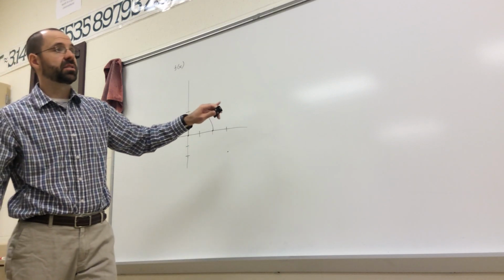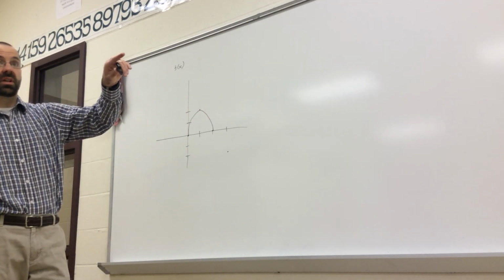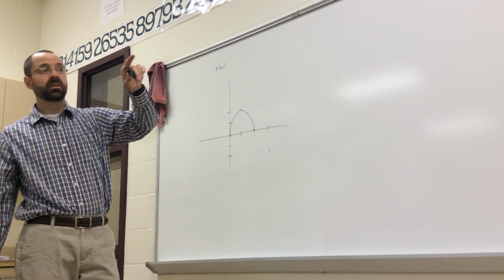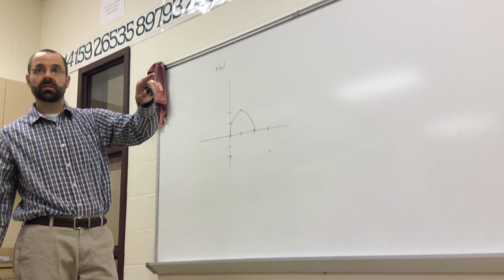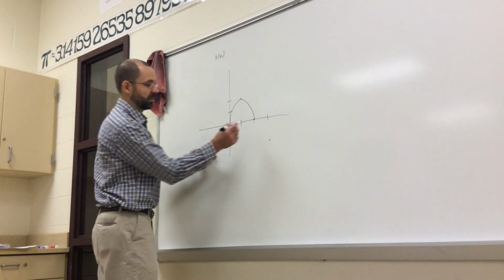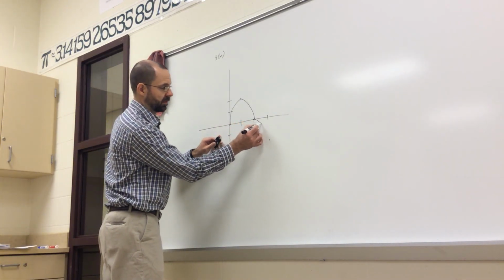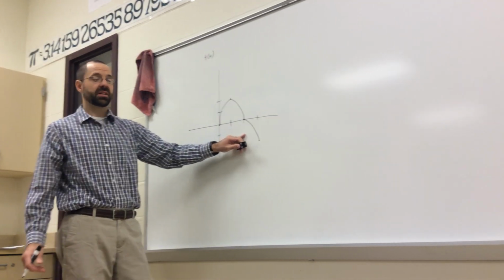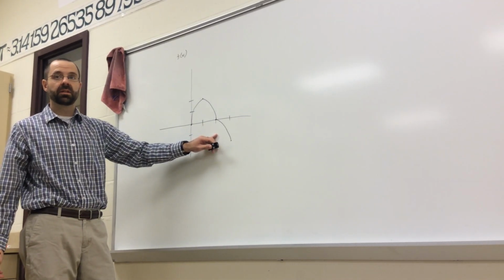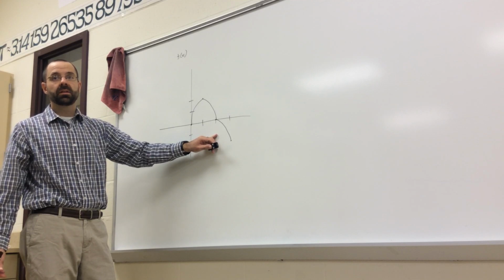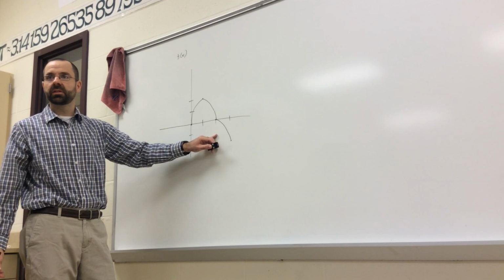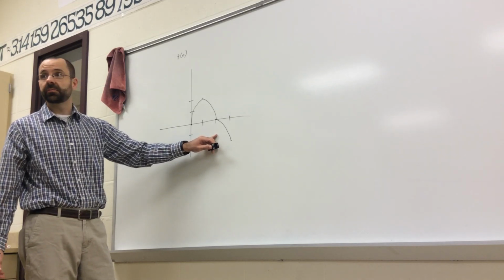Okay, and then the last bit says below the x-axis, going down, concave down. Below the x-axis, going down, concave down. So that's kind of weird looking, but that's what it told me to do, right?